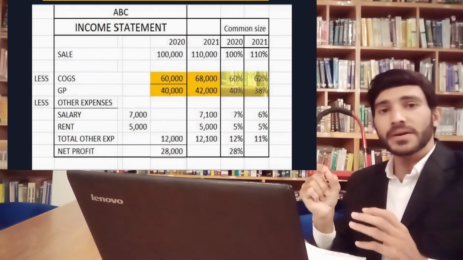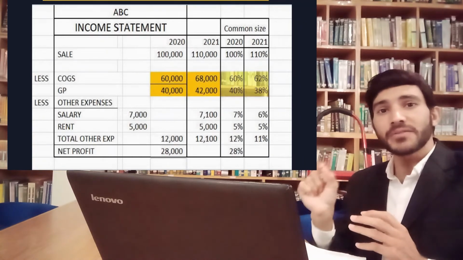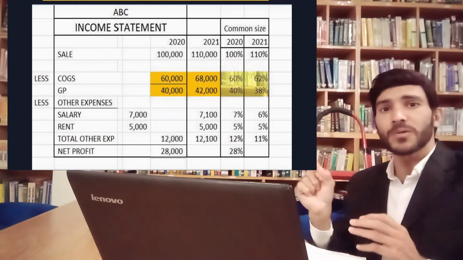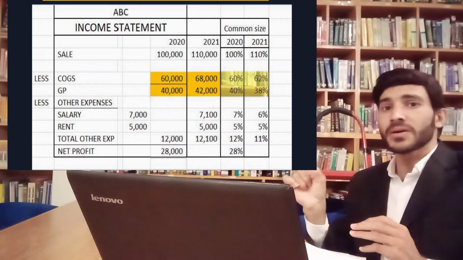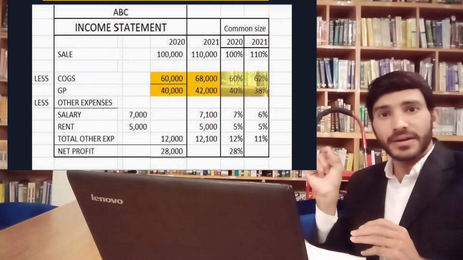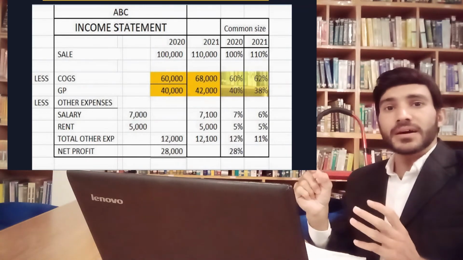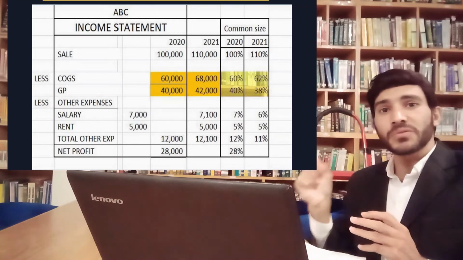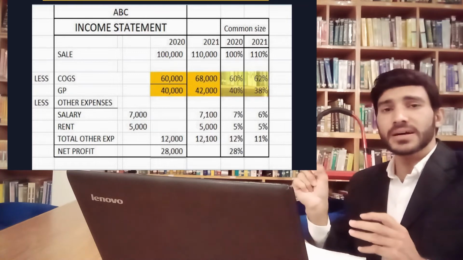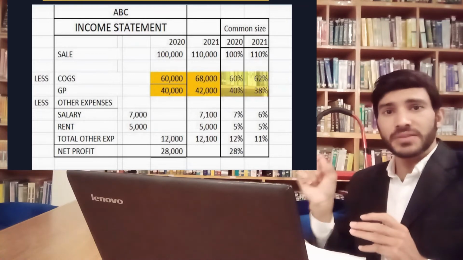We perform common size analysis on financial statements. We prepare common size analysis by dividing every number of the financial statement either by total sales or total asset. Like if we prepare common size of the income statement, we have to divide every number of the income statement by total sales.